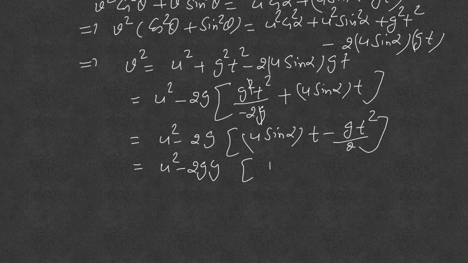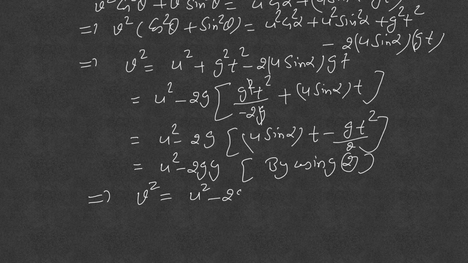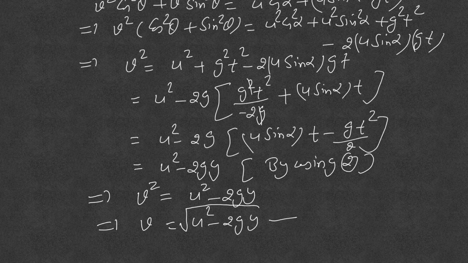This implies that we have calculated velocity square at any point P, which is u square minus 2gy. This implies that velocity is equal to the square root of u square minus 2gy. Fine. So you may name it as equation number 6. So equations 5 and 6 give complete information about the velocity at any point P of the trajectory.